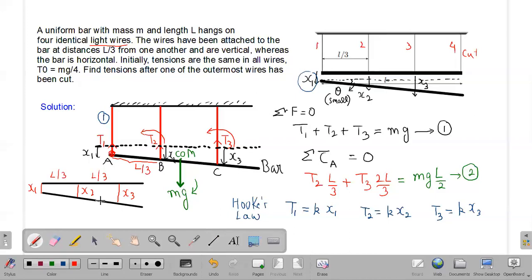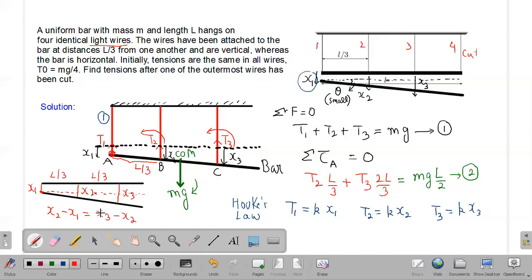If you follow similarity of triangles, like if I drop a line parallel to the original orientation of the bar from this x1 line, then from the geometry you can prove that this little distance will be x2 minus x1, and this is x3 minus x2, and these distances have to be equal. Therefore, you can write x2 minus x1 must be equal to x3 minus x2.